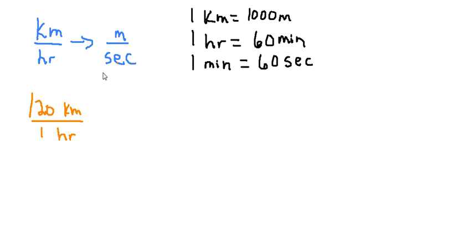So the first thing I want to do is deal with the unit in the numerator, which in this case is kilometers. I want to get from kilometers over to meters. Well, I don't have a direct conversion, but I do know that 1,000 meters is a kilometer.